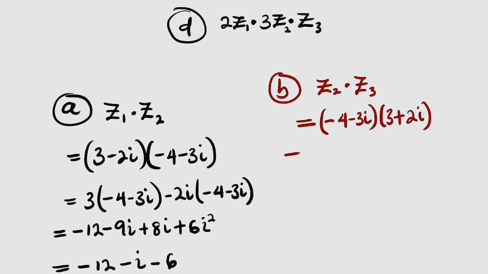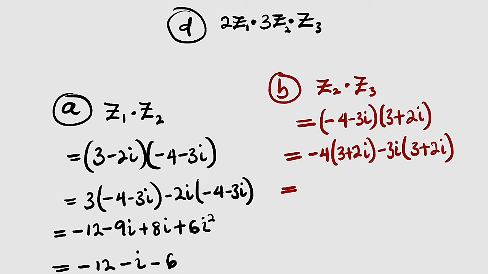Let's distribute. This is the same thing as negative 4 multiplied by 3 plus 2i, then negative 3i distributed over 3 plus 2i.